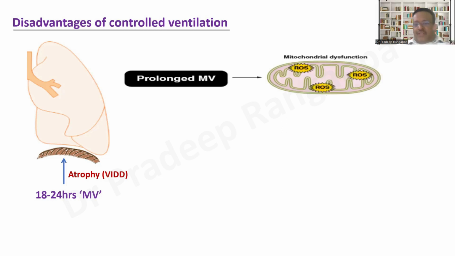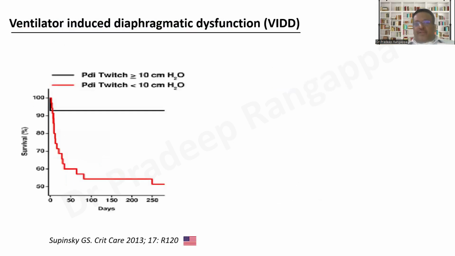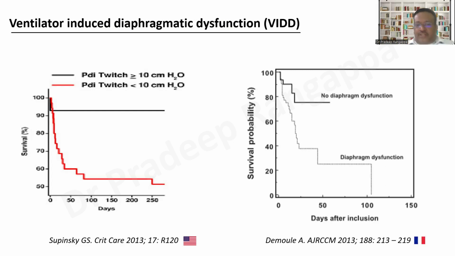And for this, there are pathological or pathogenetic reasons. Prolonged mechanical ventilation is shown to cause mitochondrial dysfunction, leads to reactive oxygen species activation, leads to proteolysis. Basically, there is a melting away of the muscle fibers. This is very clearly shown. And it is also shown in certain studies where the diaphragmatic atrophy or dysfunction has a direct correlation to the survival, as you see in these graphs.